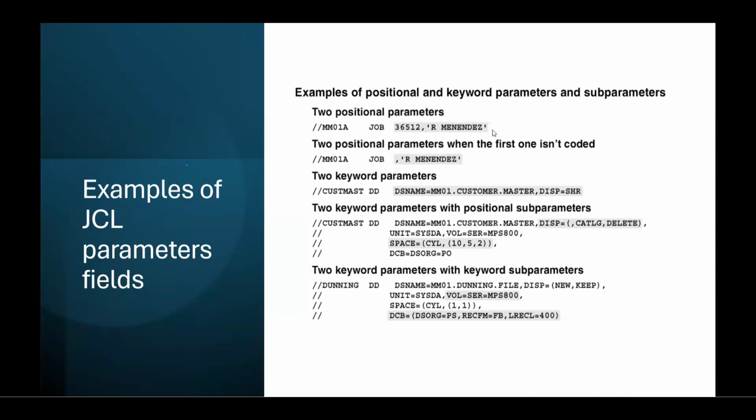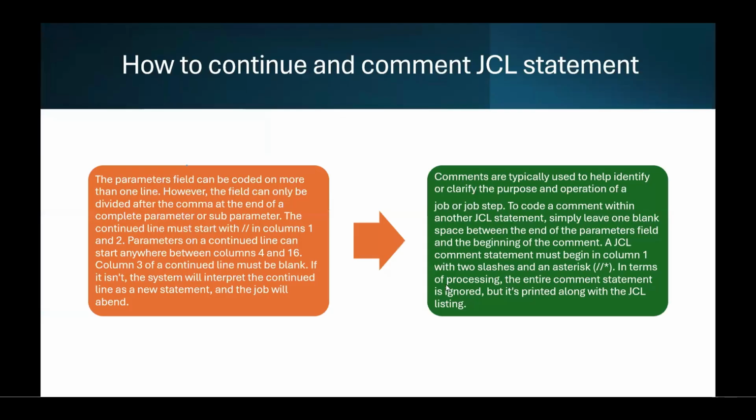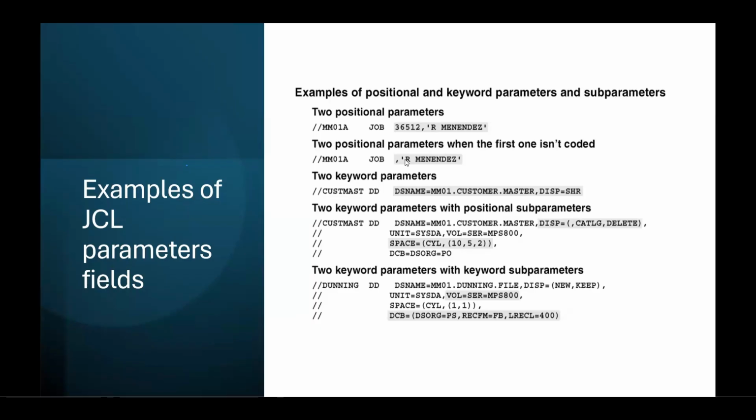All this information comes under the positional parameters. And if your first parameter is not coded, then you need to give the comma to identify it as a positional parameter. This is another example where we have two positional parameters, but the first one is not coded.